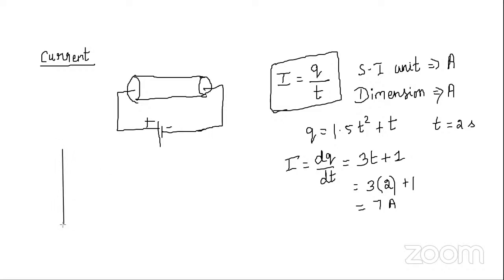This is the y-axis, and this is the x-axis. On the x-axis you have the time, and on the y-axis you have the current.